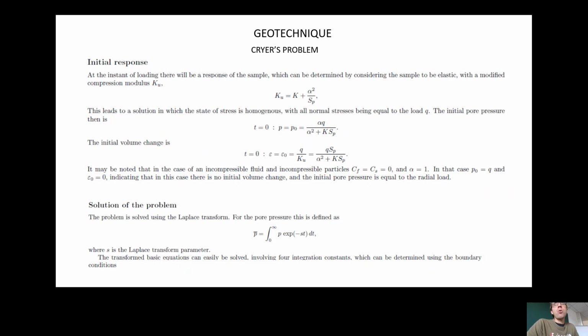That is, of course, a very small part of the big Cryer problem that we are analyzing.